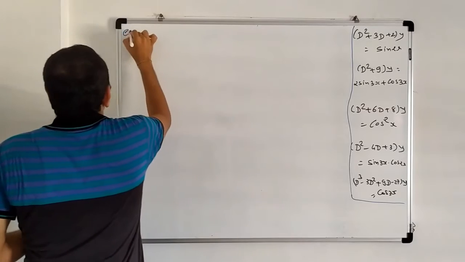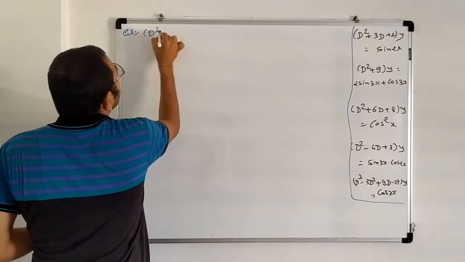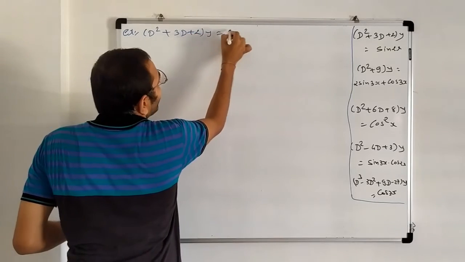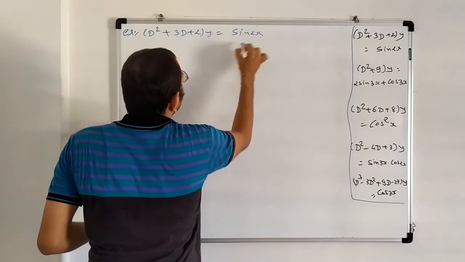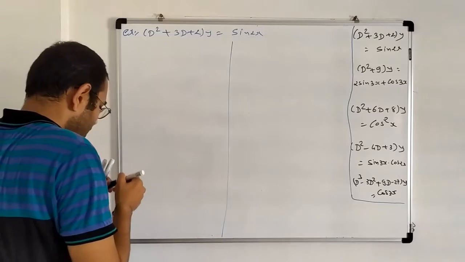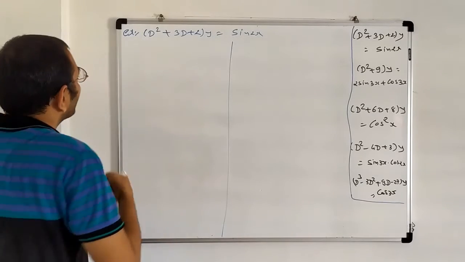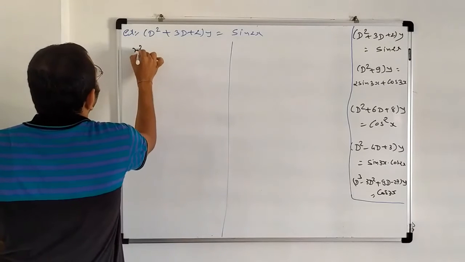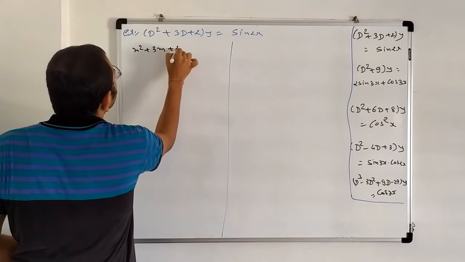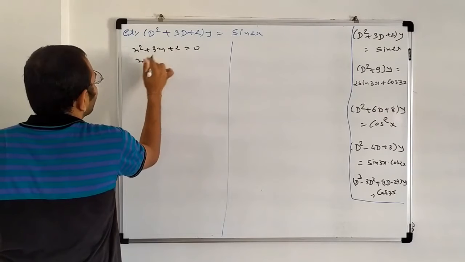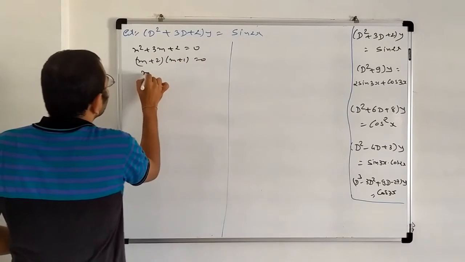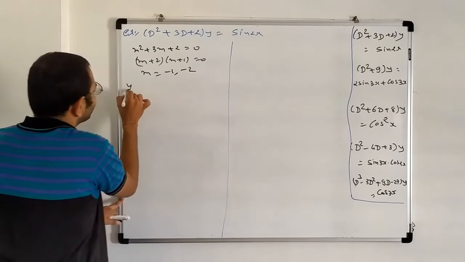First example: D square plus 3D plus 2 of y equals sin 2x. First we find the complementary function. Our auxiliary equation gives m plus 2, m plus 1 equal to 0, then m equals minus 1, minus 2, which is case 1.